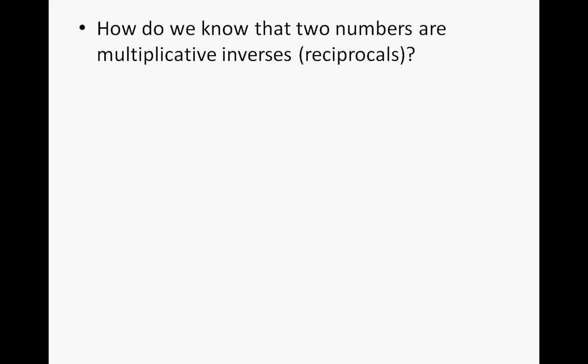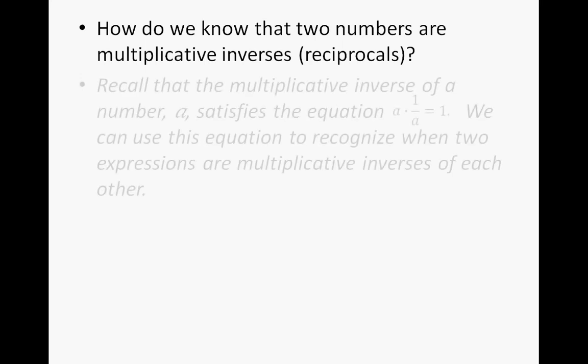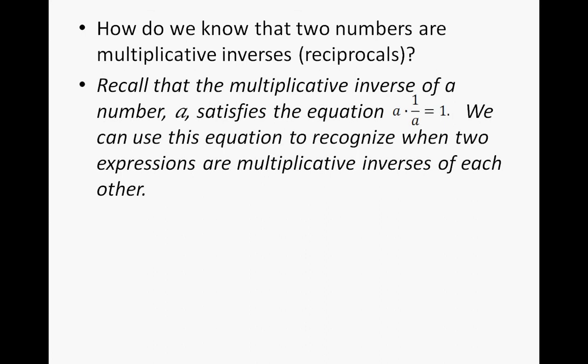How do we know that two numbers are multiplicative inverses or reciprocals? Well, recall that the multiplicative inverse of a number a satisfies the equation a times 1 over a equals 1. We can use this equation to recognize when two expressions are multiplicative inverses of each other.